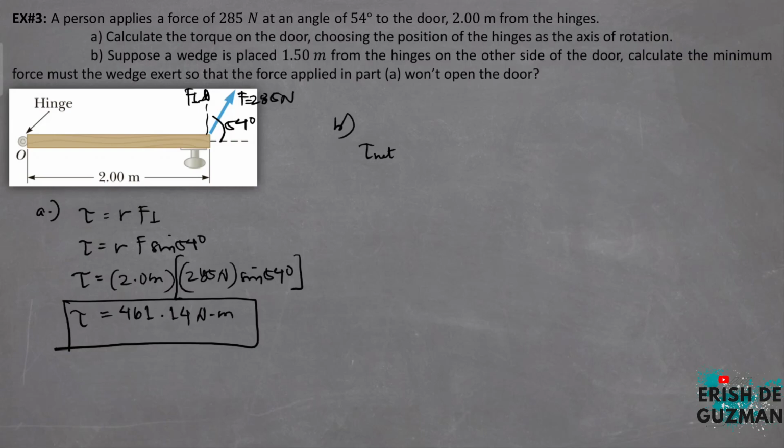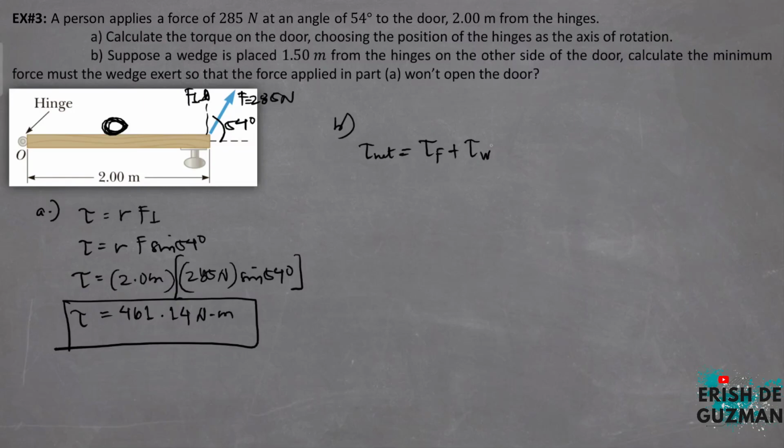Kaya lang, kailangan hanapin muna natin lahat ng torques na yun. Unang torque is yung torque from the force applied, torque F, plus yung torque dun sa wedge. Say for example, nandito sa position na to yung wedge. This is a torque wedge. Siya yung kukontra dun sa door para hindi mabuksan.